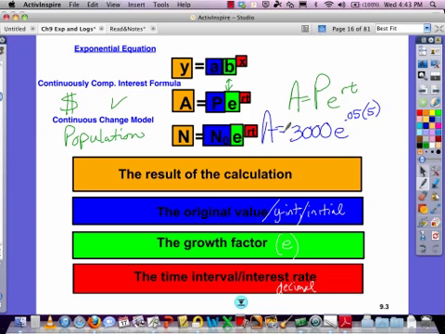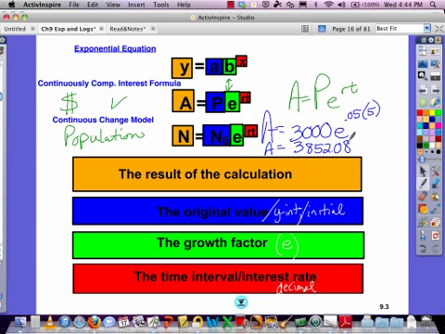Here's where you'd probably want to use the e to the x key. On my calculator, it's second ln. So e to the x, and then you put a parenthesis down, 0.05 times 5, close the parenthesis, and we are getting a nice return on our money after just 5 years. We've got $3,852.08. So our money really grew by about $850 on our return.